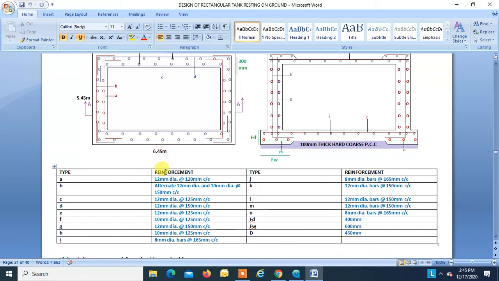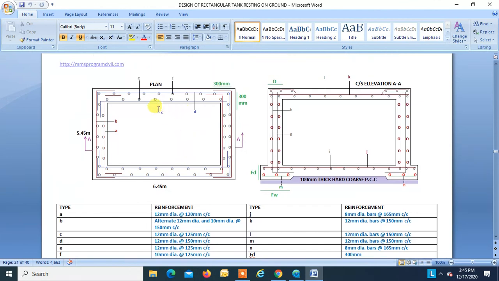Now let me try to explain. A is the horizontal steel on the liquid face of the shorter wall, that is, the detailing is 12 dia about 120 center to center. B is the horizontal steel of the short wall on the outer face, that is alternate 12 dia and 10 dia about 150 center to center.